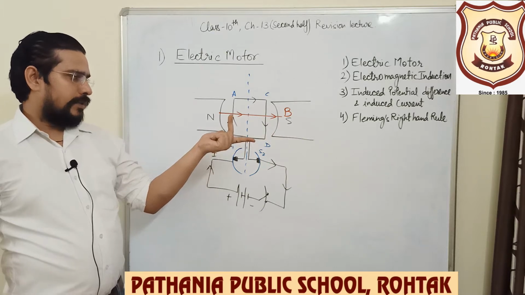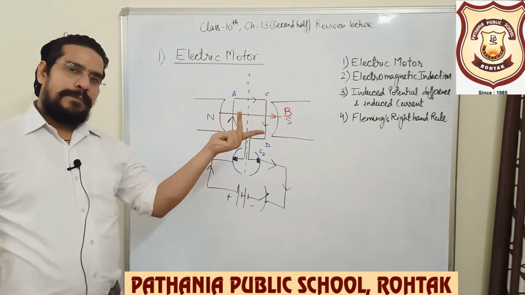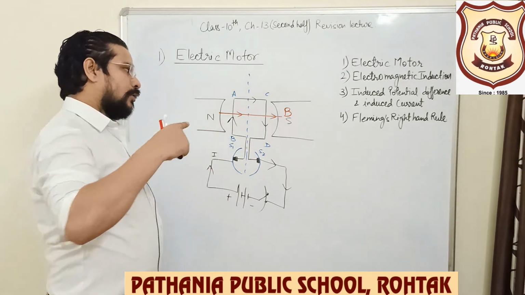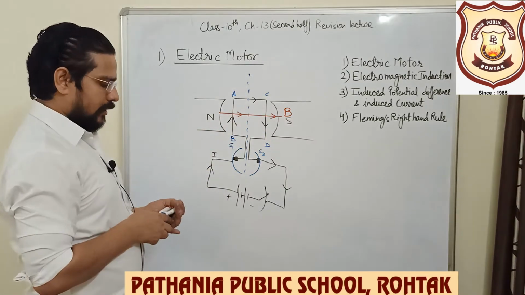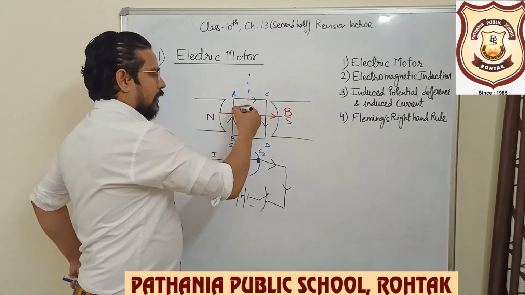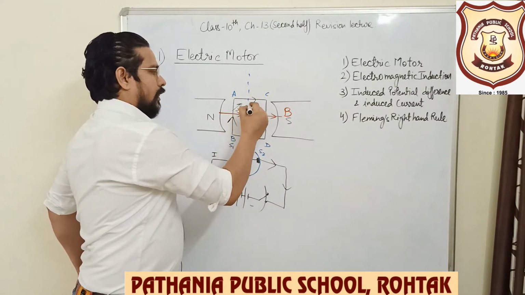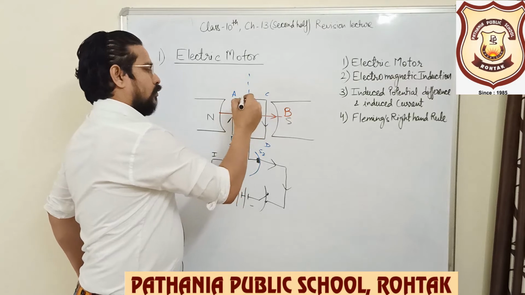So my thumb, as you can see, is pointing perpendicular into the board. So the AB conductor will experience a force perpendicular into the board. Let us represent this force by this perpendicular inward direction force.